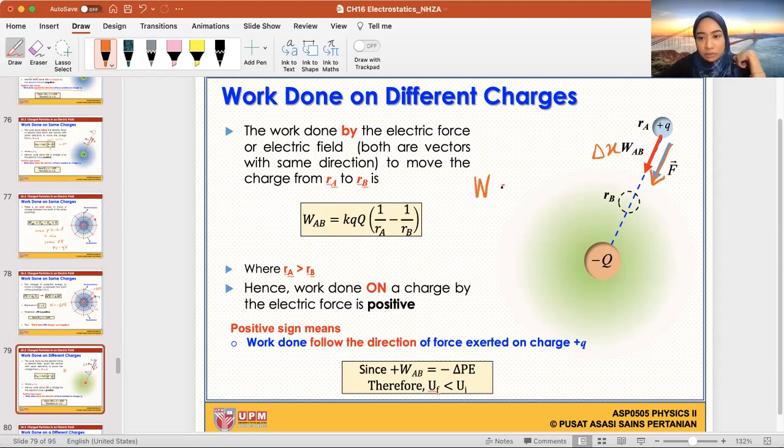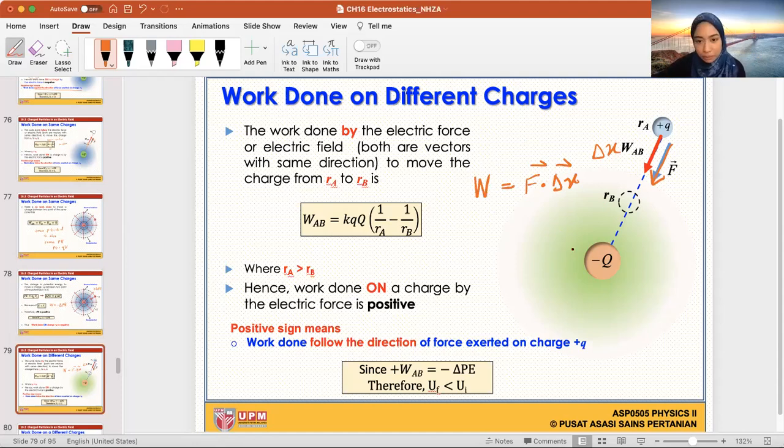Work done is equal to the dot product of F and delta X, where both are vectors. They are in the same direction. Should my work done be positive or negative? Positive, because they are in the same direction.